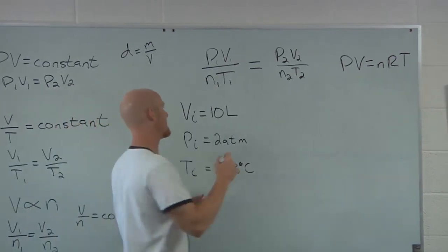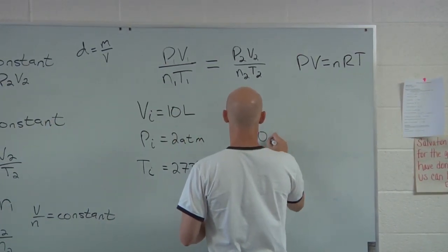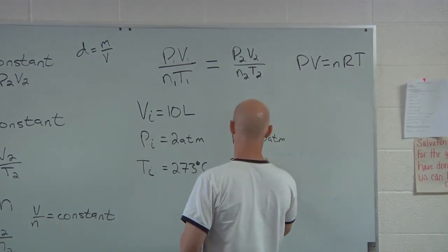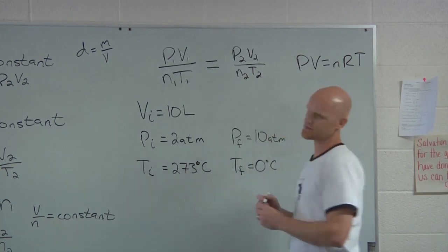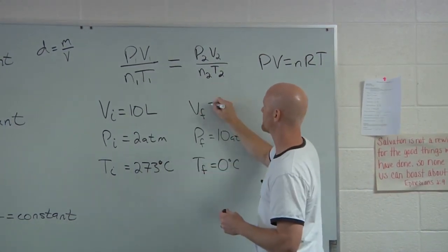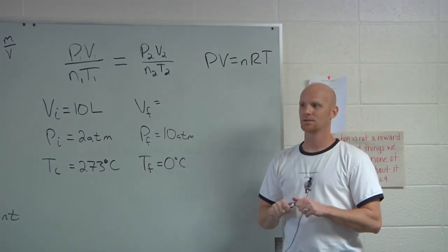And then I tell you that I changed the pressure to 10 atmospheres, and I changed the temperature to 0 degrees Celsius. And the question is, what is the new volume? What do I do? Which equation is relevant here?